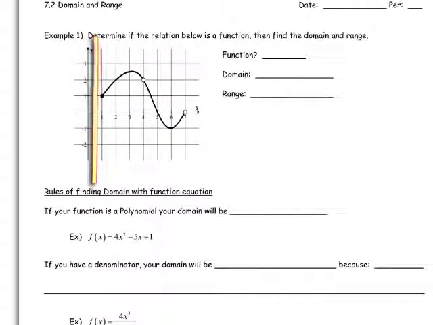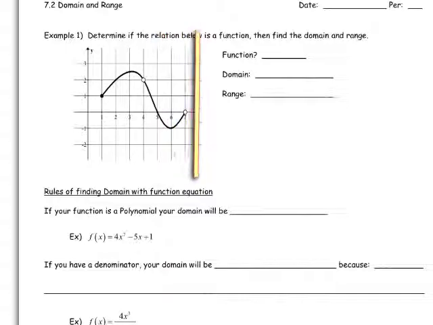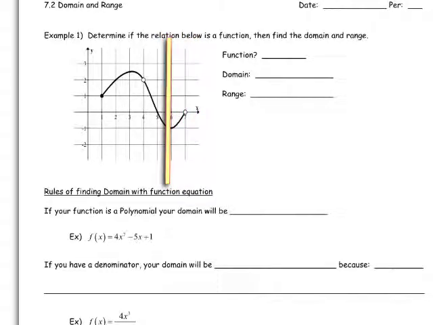When it does finally start to touch, it only touches at most one time. Touches one time everywhere. And then after this, it doesn't touch again, which is okay, as long as it doesn't touch more than one time for any single vertical line. So this is a function. It passes the vertical line test.